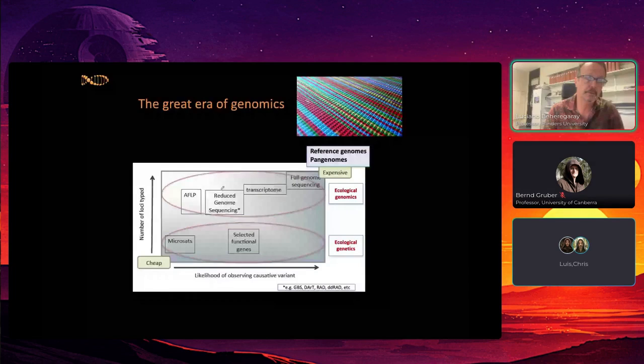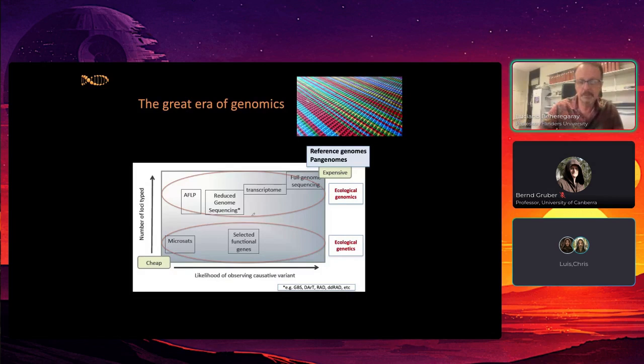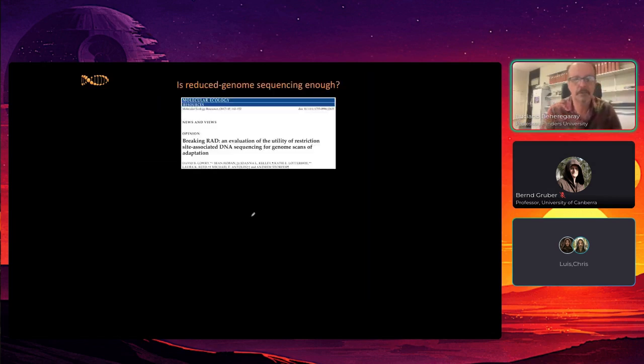Most of us here are probably working with reduced genome datasets, such as DArT, GBS, ddRAD. And one relevant question we could address is whether reduced genome sequencing is enough to understand the signal of natural selection in wild populations. I'll go briefly to the answer: it's still a big yes.